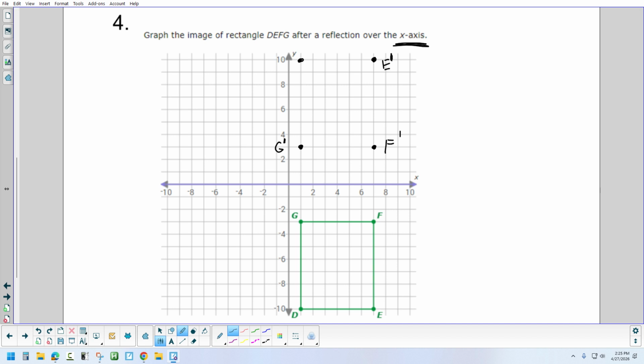And what are you going to call that point? D prime. Yep. And the last thing, Miriam, what do I have to do to finish that up? I've got to connect it. I've got to draw my shape. Okay, so draw in your square. And there you go.